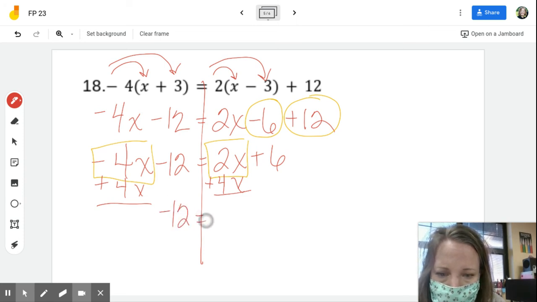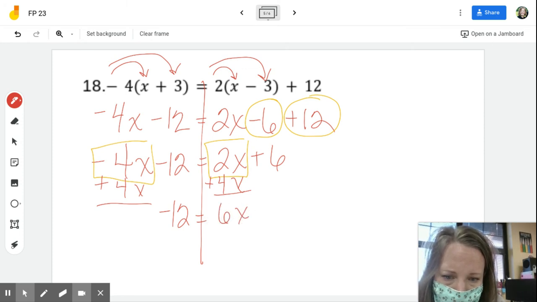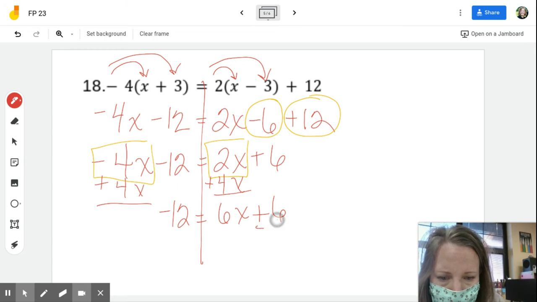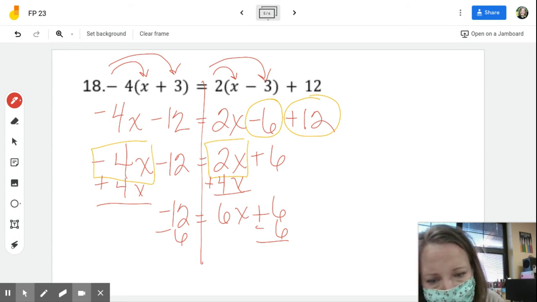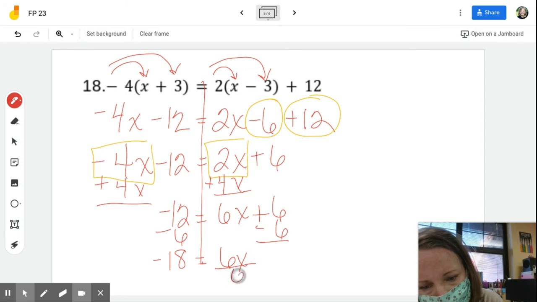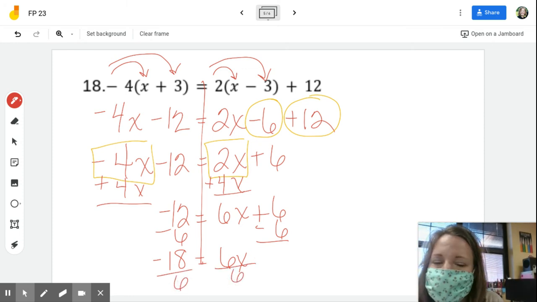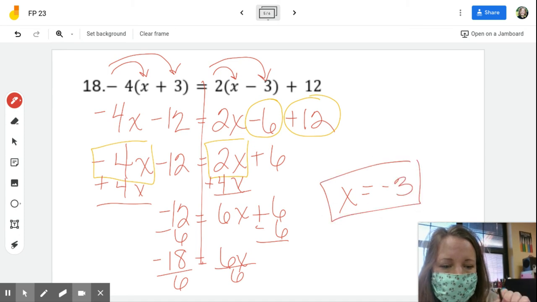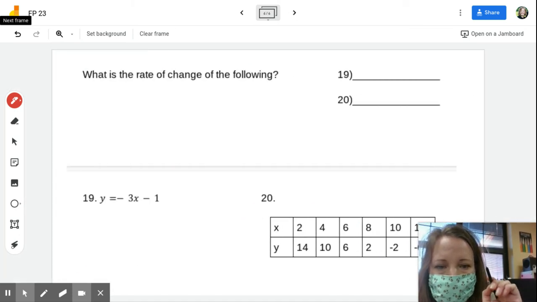So negative 12 equals 6x, 2x plus 4x is 6x, plus 6. We can subtract 6 from both sides. Positive 6 and negative 6 are additive inverses, so they make 0. And that's negative 18. Divide by 6. So x equals negative 3. Boom. Okay. One more problem.